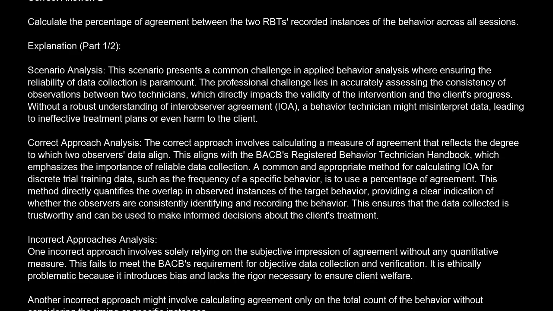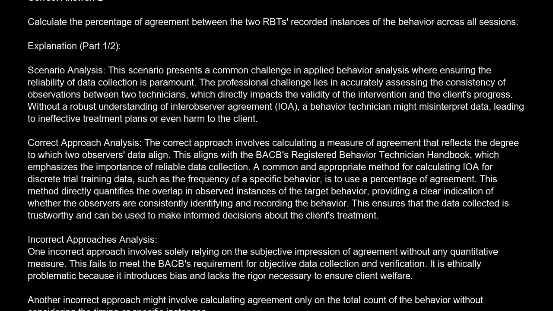Incorrect approaches analysis. One incorrect approach involves solely relying on the subjective impression of agreement without any quantitative measure. This fails to meet the BACB requirement for objective data collection and verification. It is ethically problematic because it introduces bias and lacks the rigor necessary to ensure client welfare.